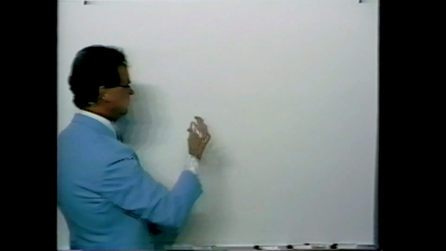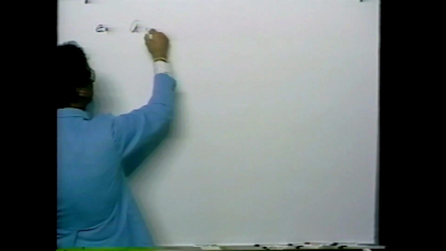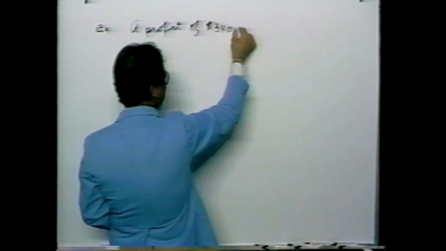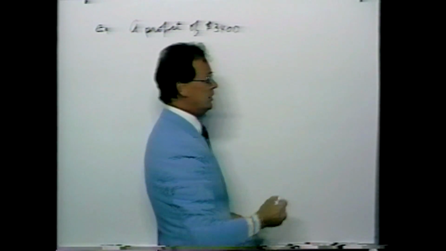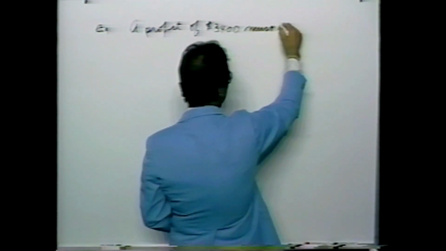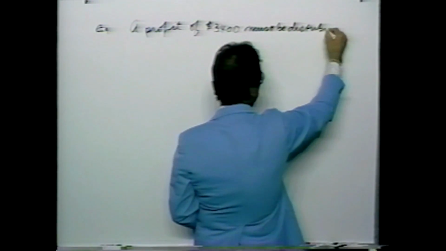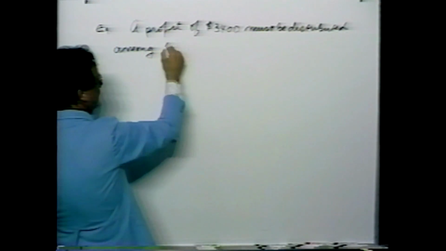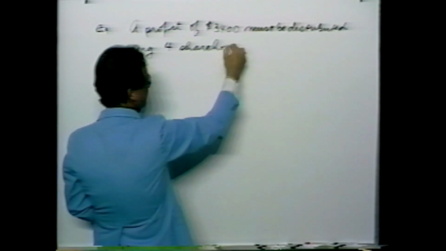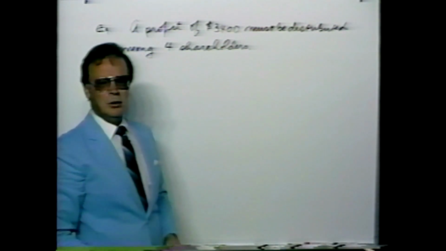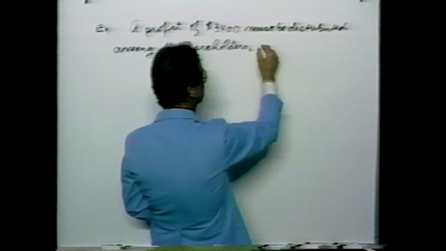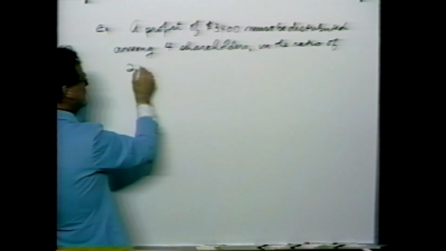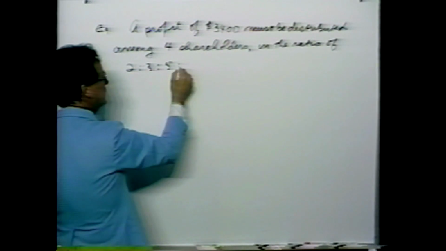Here's another example. A profit of $3,400 must be distributed among 4 shareholders in the ratio of 2 to 3 to 5 to 7.